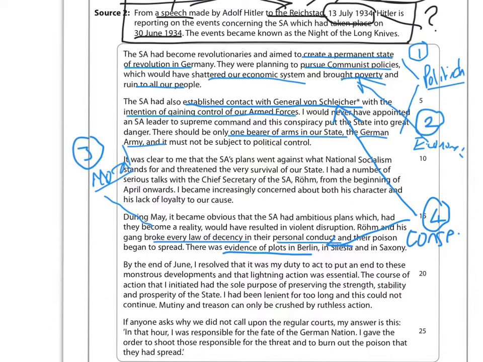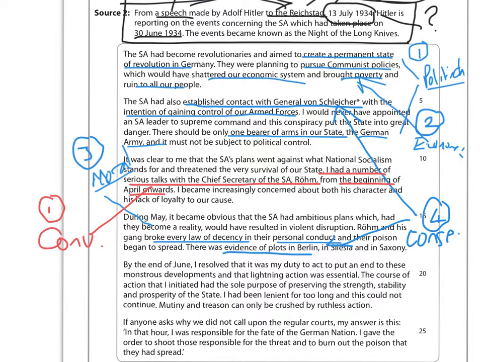Well, straight away you can see here in this paragraph, it says, I had a number of serious talks with Rome. So I'll just write down conversation, CONV, talks, whatever you want to call it. There's the first point. So that was from the beginning, April onwards. So in other words, over a fairly long period of time, Hitler decided to address it by having conversations.